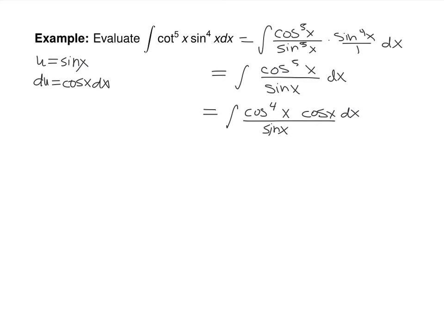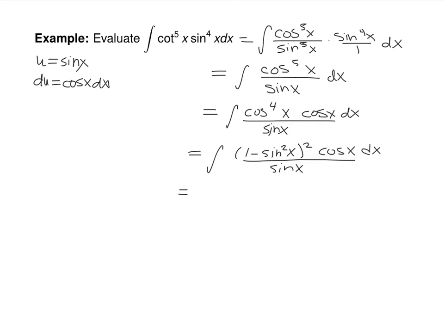Now cosine to the 4th is cosine squared squared, so that is 1 minus sine squared, the quantity squared, all over sine x.